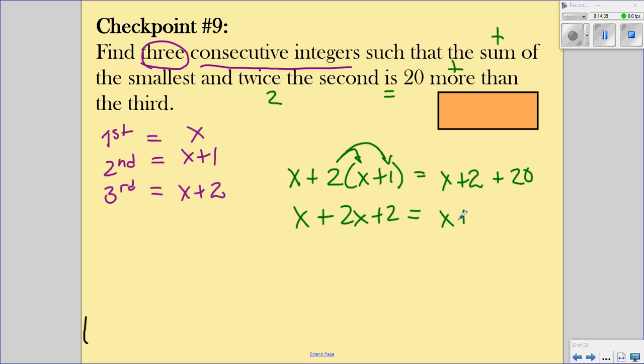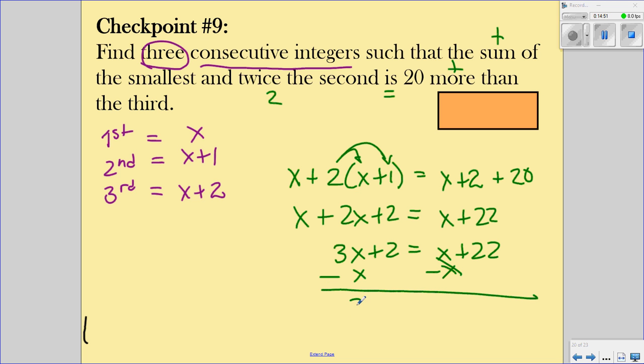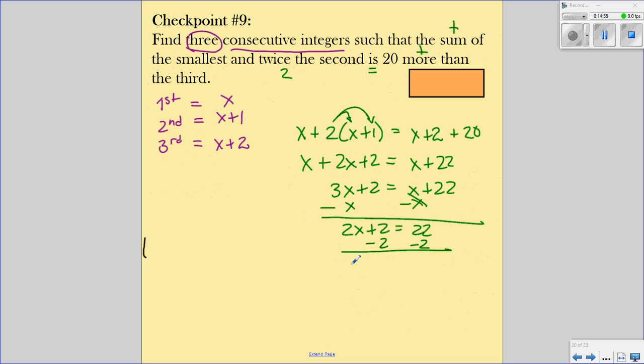So I got 22 for this. Combine here, 3x plus 2 equals x plus 22. Put my variables together by subtracting. And then bring my 2 to the other side by subtracting. This cancels. 20, and then divide by 2 on both sides.